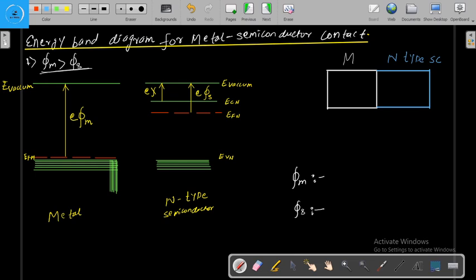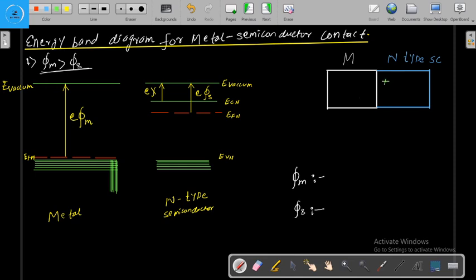So when we keep the metal and the n-type semiconductor in contact with each other, electrons will easily flow from the n-type semiconductor to the metal, because the work function of the n-type semiconductor is less than the work function of the metal.